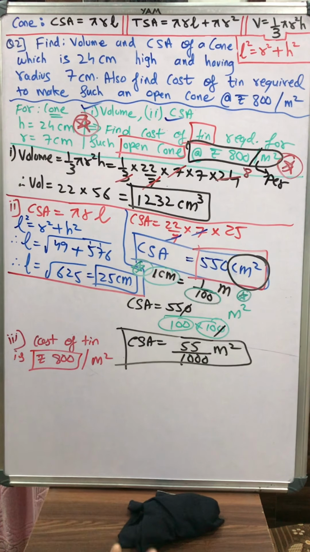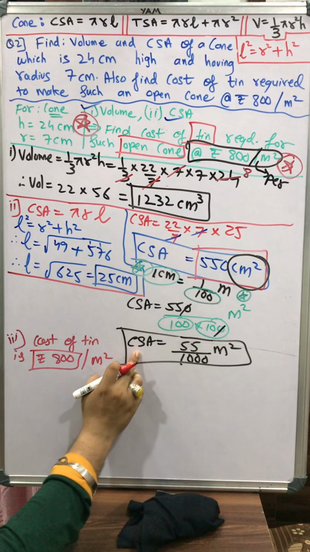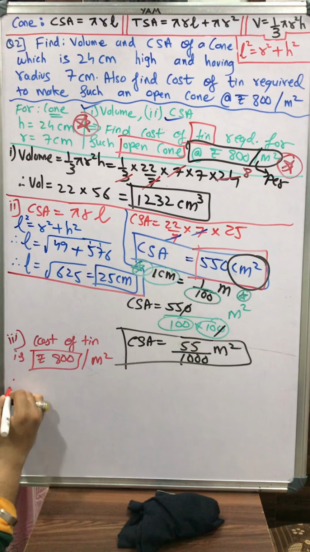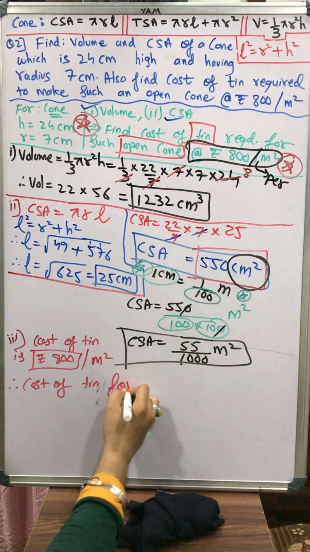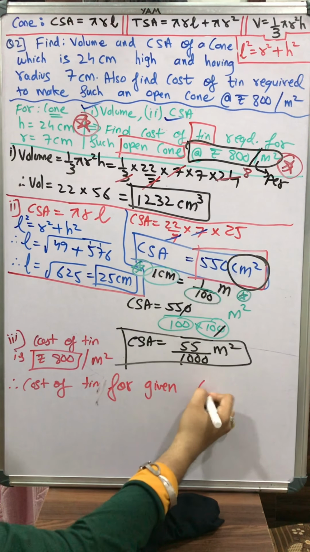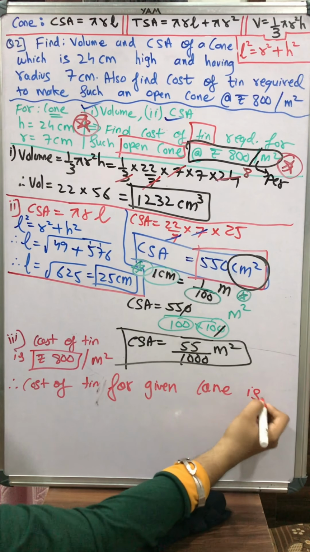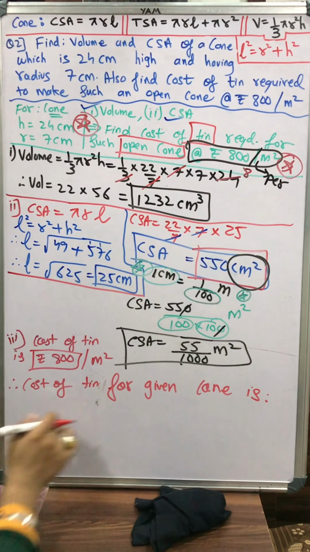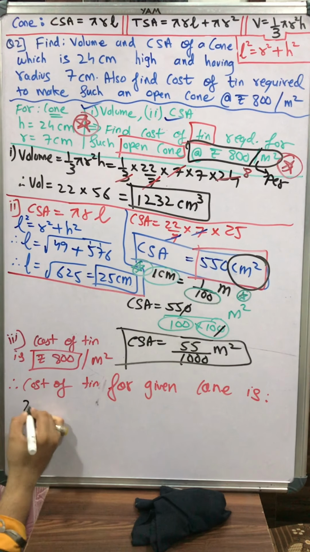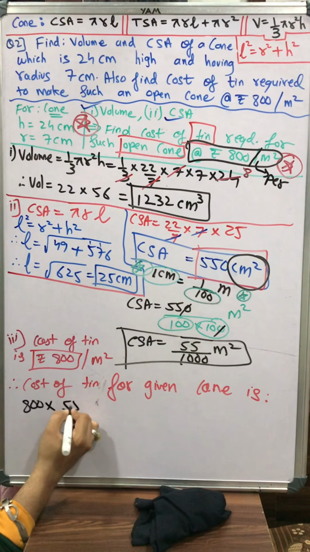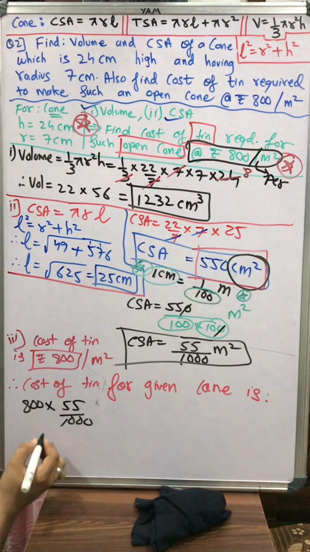How many meter square do we require? Which is equal to the curved surface area, and it is this. So therefore, cost of tin for the given cone is 800 multiplied by 55 upon 1000.